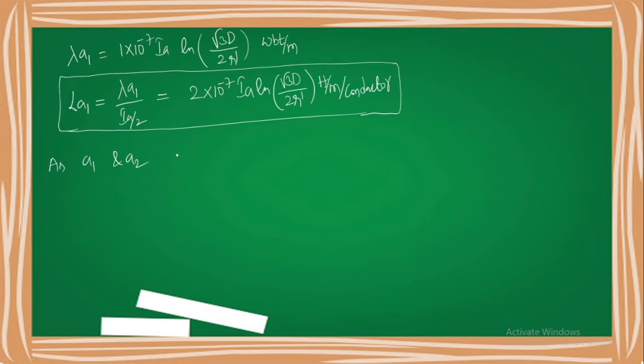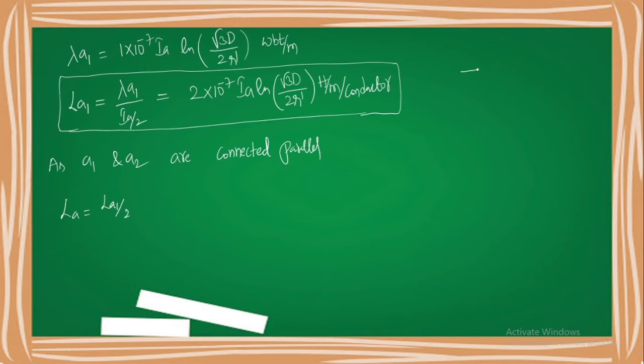Now as the conductors A1 and A2 are connected in parallel, LA is nothing but half of the inductance of each conductor.